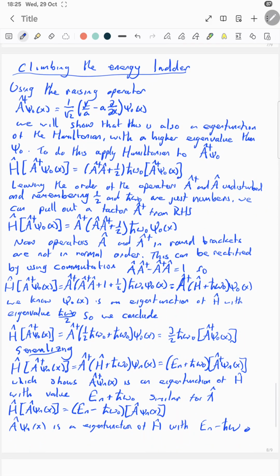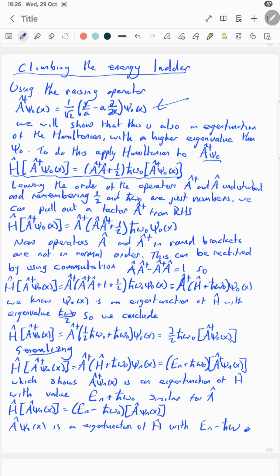Now climbing the energy ladder using the raising operator, A hat dagger, we will show that this is also an eigenfunction of the Hamiltonian with a higher eigenvalue than psi of 0, which is the ground state. To do this, apply the Hamiltonian to A hat dagger psi naught.